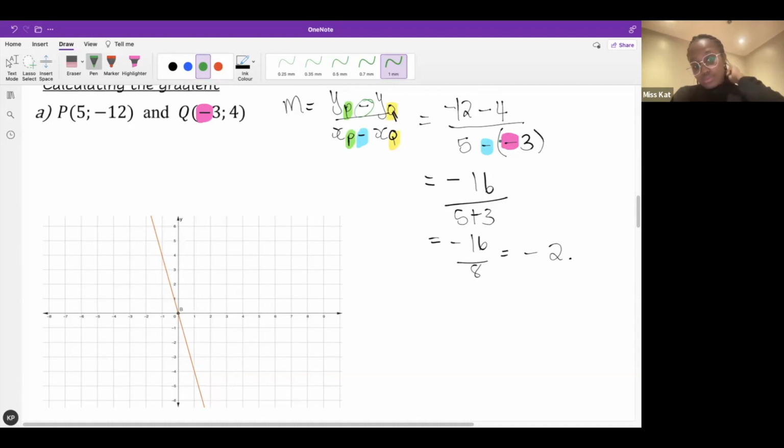Oh, okay, now I see. There we go. So remember the formula has a subtraction, okay? Thank you, ma'am. You're welcome. So remember, same with the bottom. The first minus is because we are subtracting, but the second minus is because the point is negative. Okay, it's a negative 3.